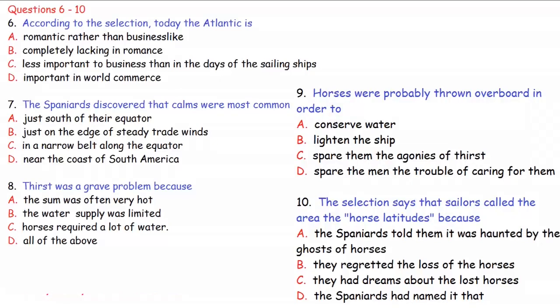The horses were generally the first victims. They had to be thrown overboard when they died or became crazed with thirst. Because the Spanish caballeros thought highly of their horses, even crediting them with souls, they suffered great remorse and believed the ghosts of the proud war horses were haunting the scene.